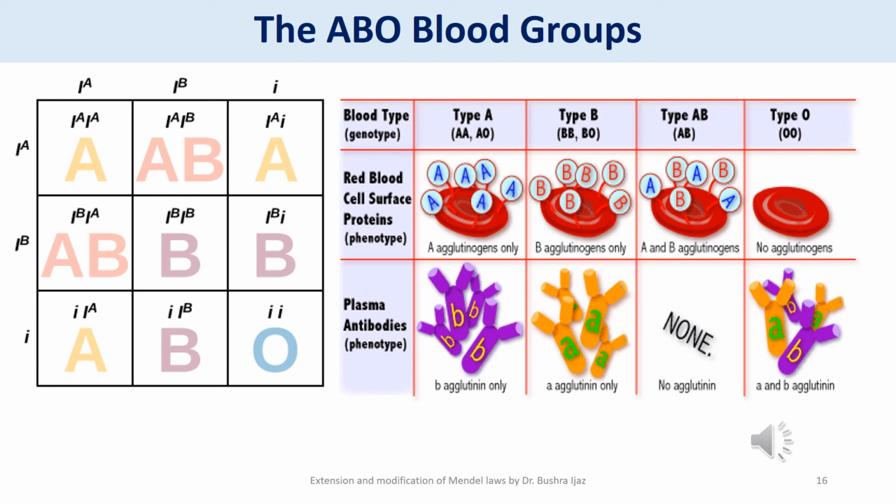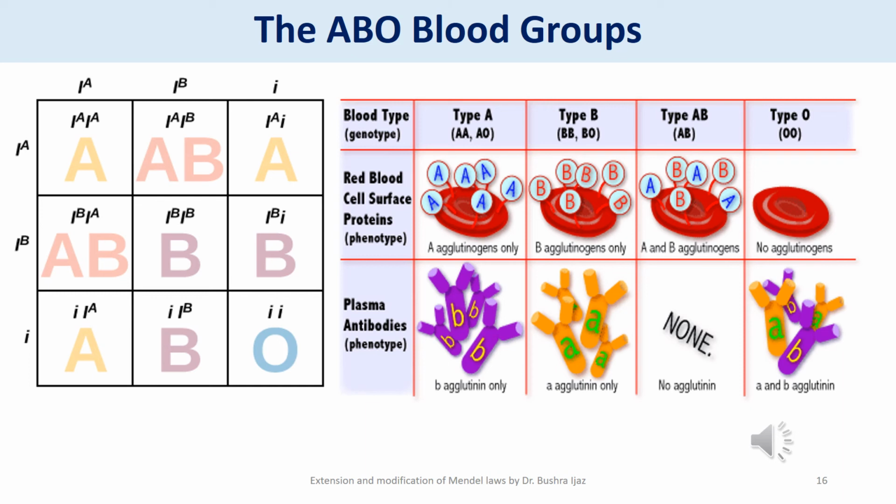In 1924, it was hypothesized that these phenotypes are inherited as a result of three alleles of a single gene. This hypothesis was based on studies of the blood types of many different families. Although different designations can be used, we use the uppercase letter I with a superscript A, I with a superscript B, or a small i to distinguish between these three alleles.